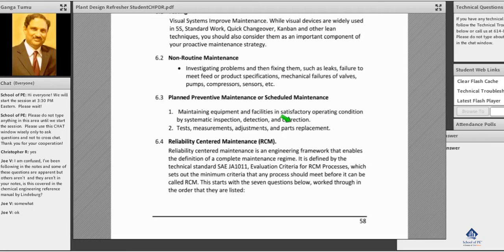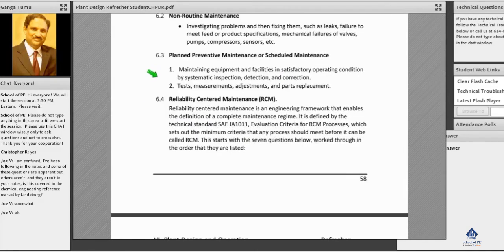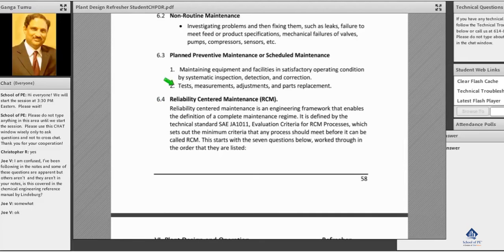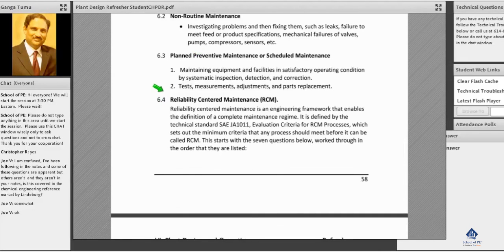They also keep all the spare parts, like gaskets and other items, and replace them.